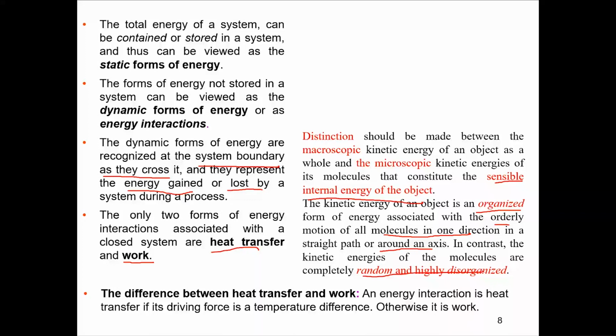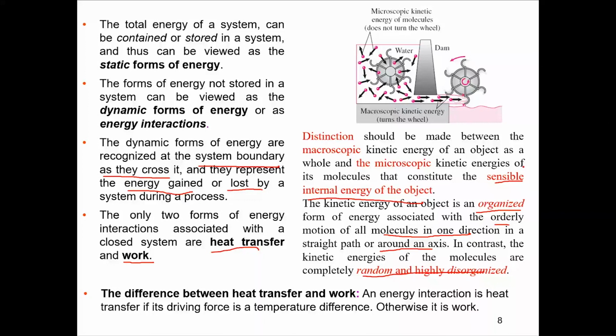And we are normally interested in the organized form of kinetic energy. How? Let's say we have this dam, and there are water molecules over here. If we place a wheel in this region, the molecules have random kinetic energies. That is, they have internal energy, but in the microscopic form. This would not turn the wheel placed within the region.